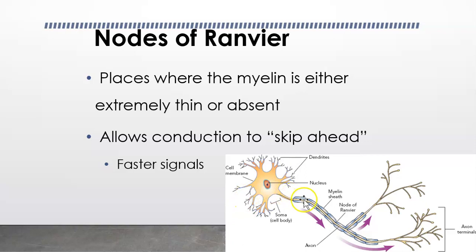You get a faster signal from the beginning of the cell to the end of the cell, which will then allow the cell to fire a second time quicker, because you don't have to wait for the signal to get all the way to the axon terminals in order to get another signal going. You can start a lot quicker.